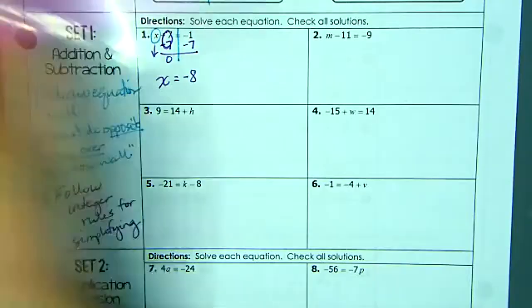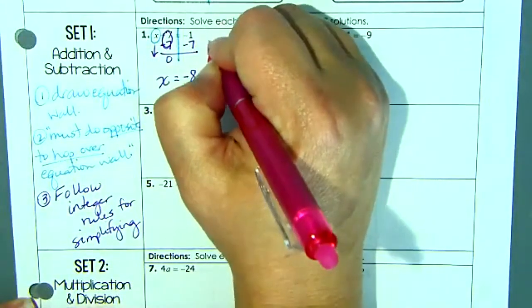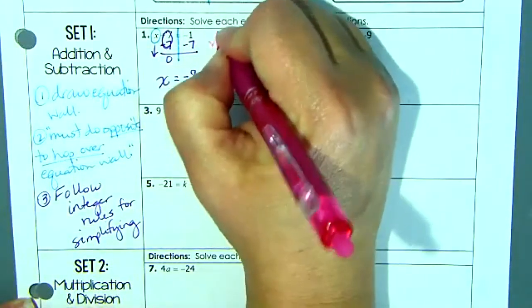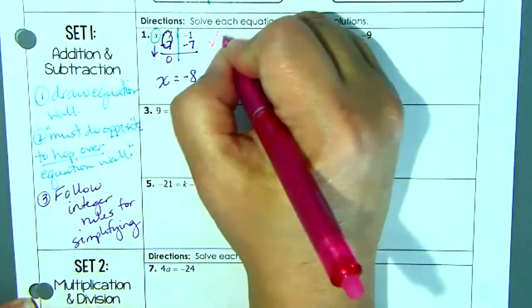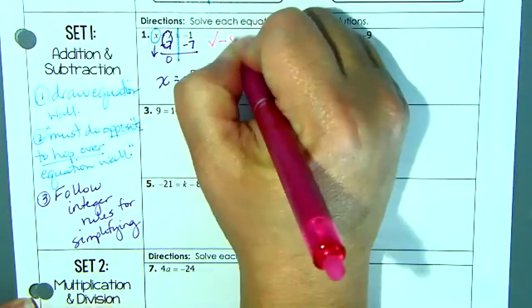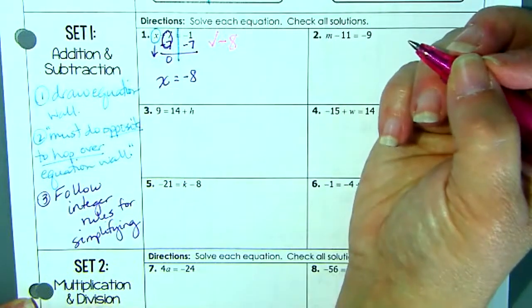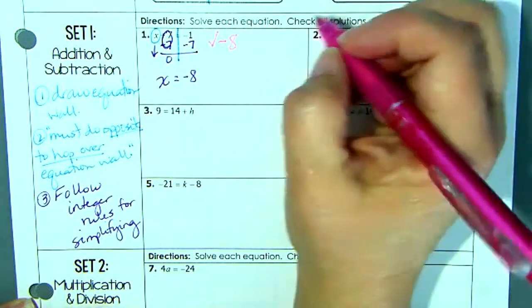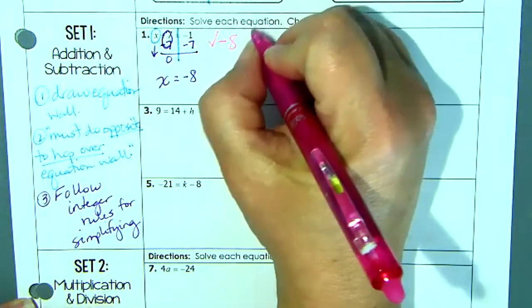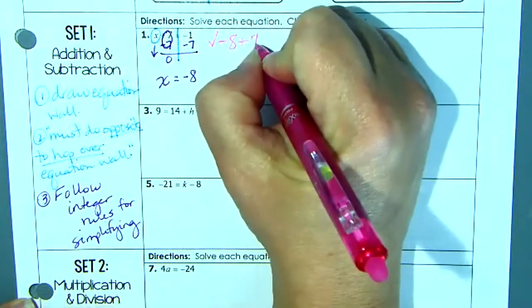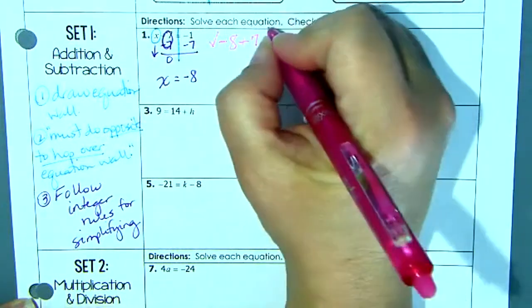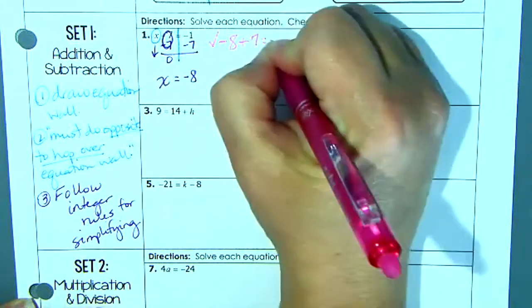Now we're going to check it to make sure that it's correct. I plug it back in, so I'm going to have -8 plus 7 equals -1.